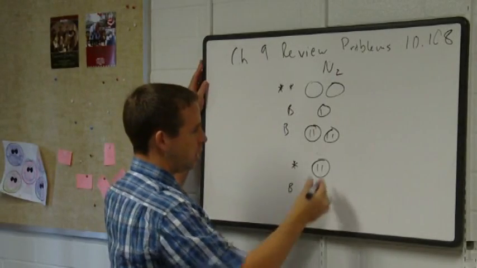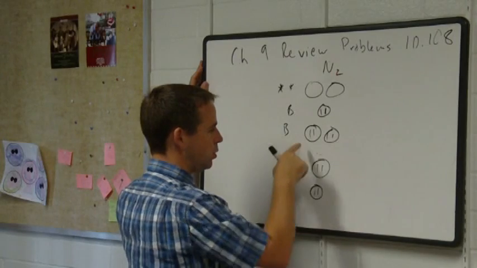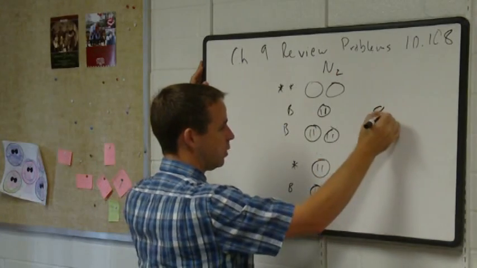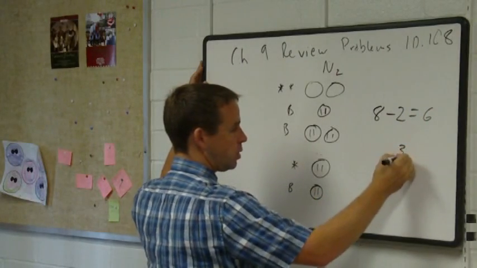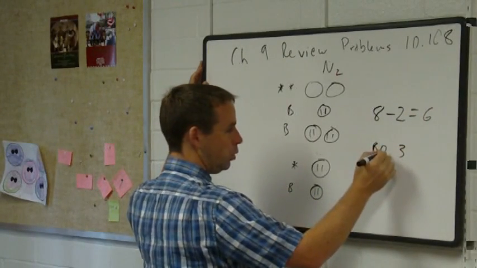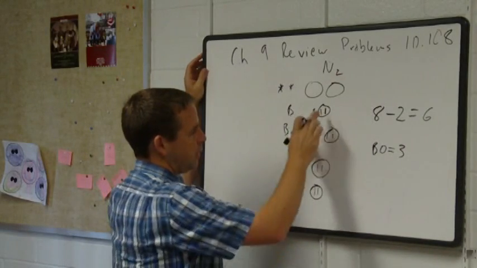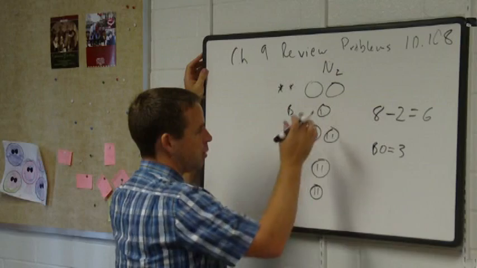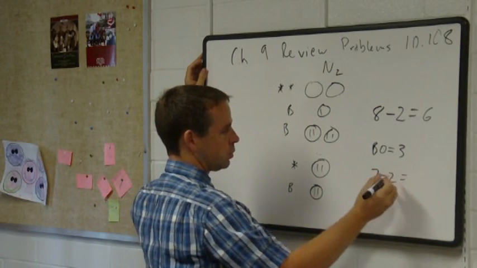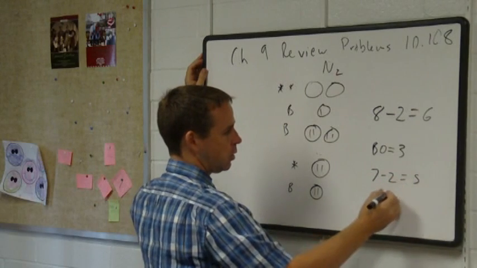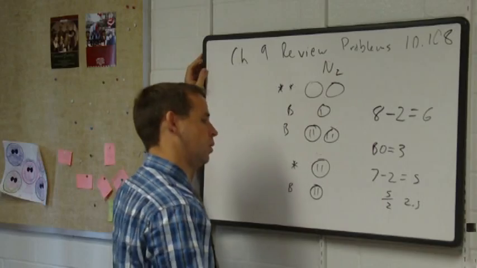So with N2, we can count how many bonding, 1, 2, 3, 4, 5, 6, 7, 8, minus non-bonding 2, and that's a total of 6. 6 divided by 2, the bond order, BO, will be 3. And if we do N2 plus, we remove that electron, we have 1 fewer bonding, so it's 7 minus 2, which is 5, and 5 divided by 2, which is 2.5, right?